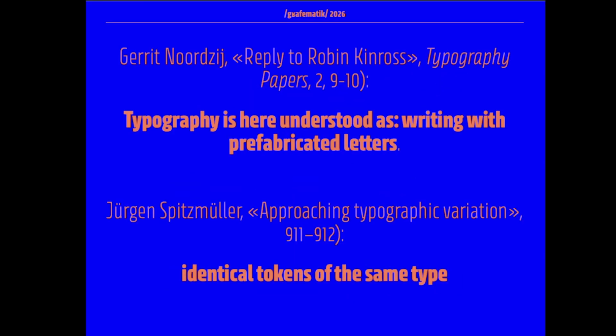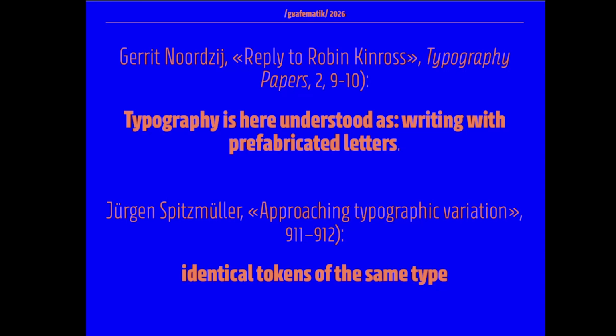Then recursivity. Recursivity is the fact that when we use a font, we use its glyphs recursively. So it's what Jürgen Spitzmüller says in that very good article, Approaching Typographic Variation.